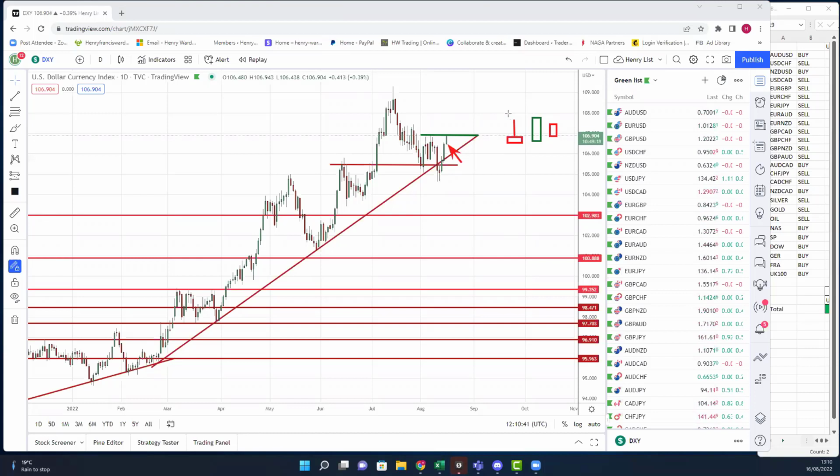The same scenario applies: our stop loss would go above it and our entry would go below these. So we'd still be looking for a short at that particular point, because the analysis is coming down. The only reason for me to doubt that this will go down is if today's bar or tomorrow's bar goes up and breaks it.